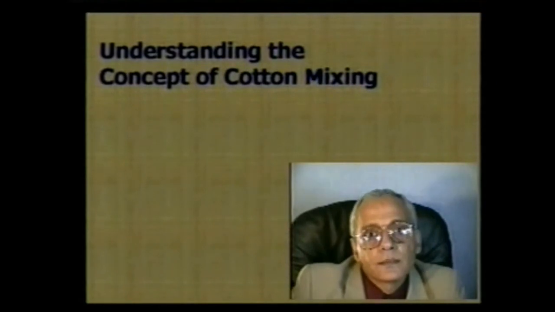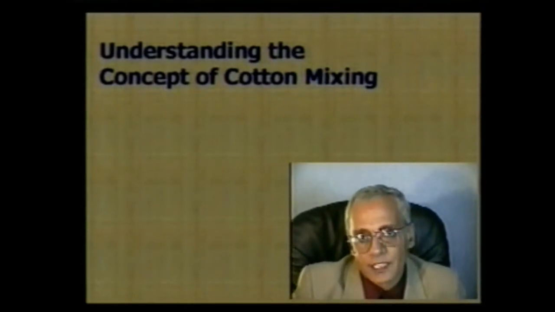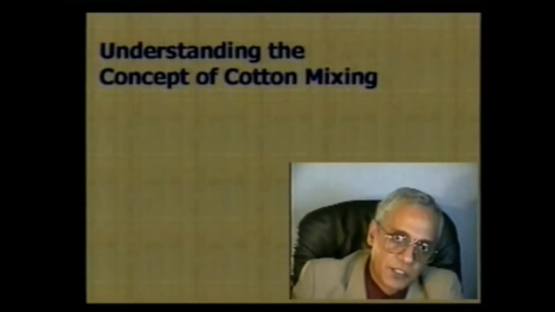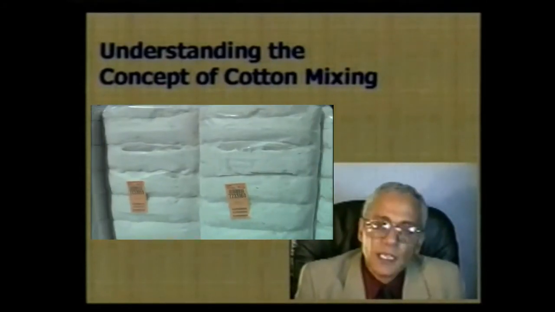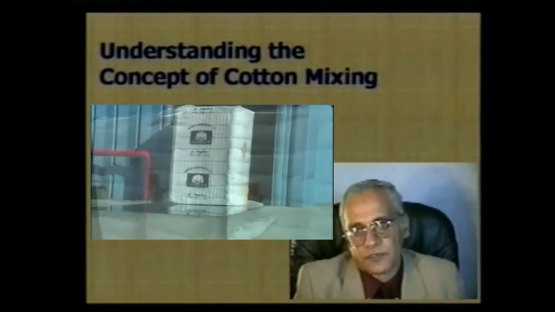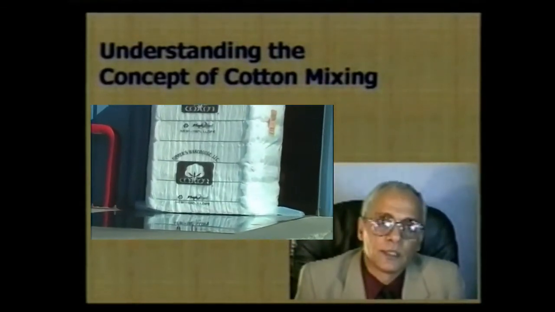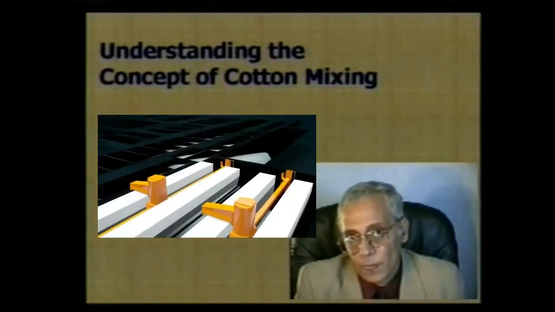The second factor to maximize the utilization of raw material is to understand the concept of cotton mixing. Cotton mixing is not just a use of good advanced software and a computer to select cotton bales from the warehouse.